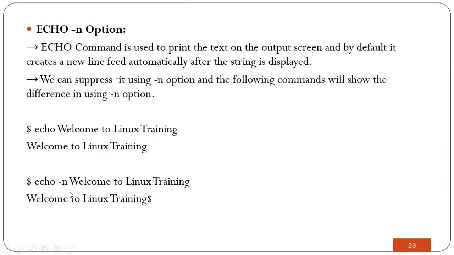But when you use the hyphen n option, echo hyphen n, and then welcome to Linux training, it will suppress going to the new line. It will start the next dollar prompt right after the training text itself. So we can suppress the new line feed. We'll look at variables in later sessions.